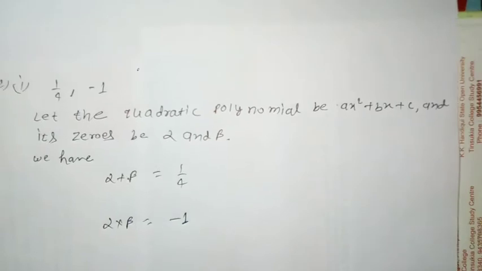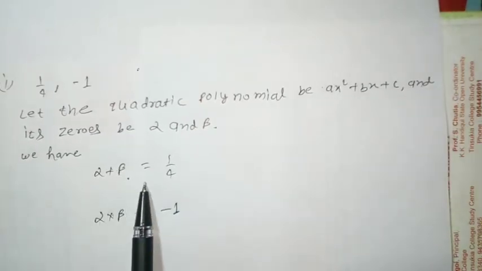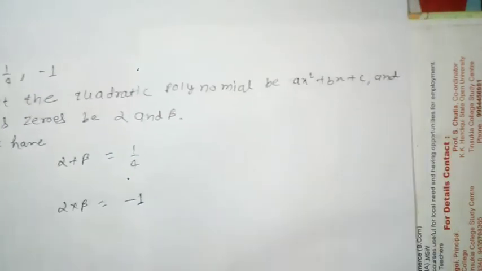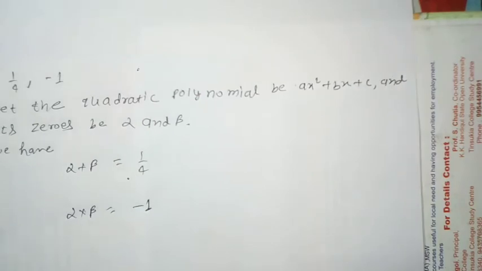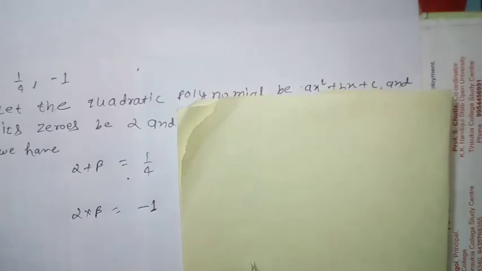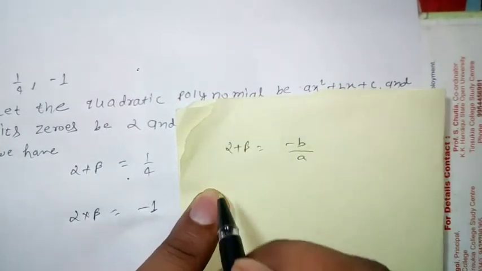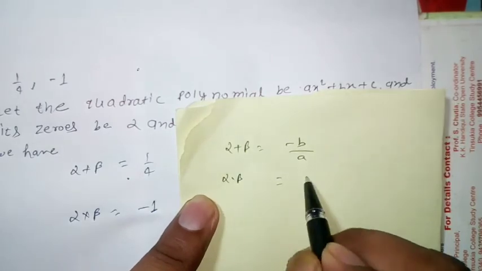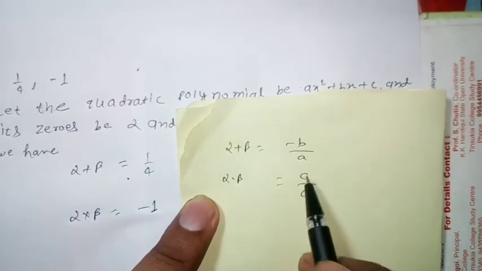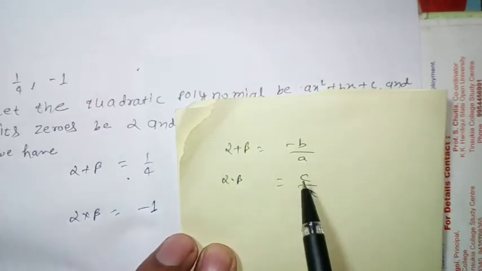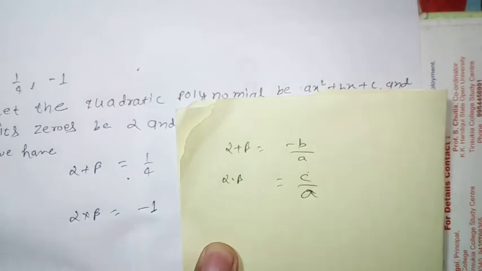We know that in a quadratic polynomial, sum of zeros is equal to, from the formula, minus b by a, and product of zeros is equal to c by a. A is in the place of denominator in both.